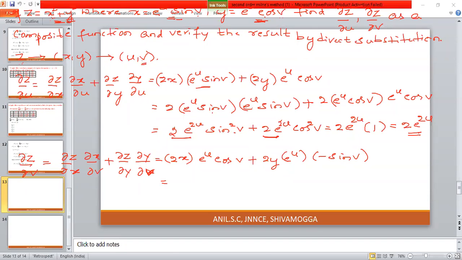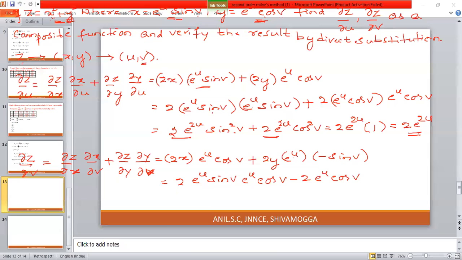Therefore, this is equal to 2 into x. Here x is equal to e power u into sin v. E power u into cos v as is. Plus into minus 2y. Here y is e power u into cos v.